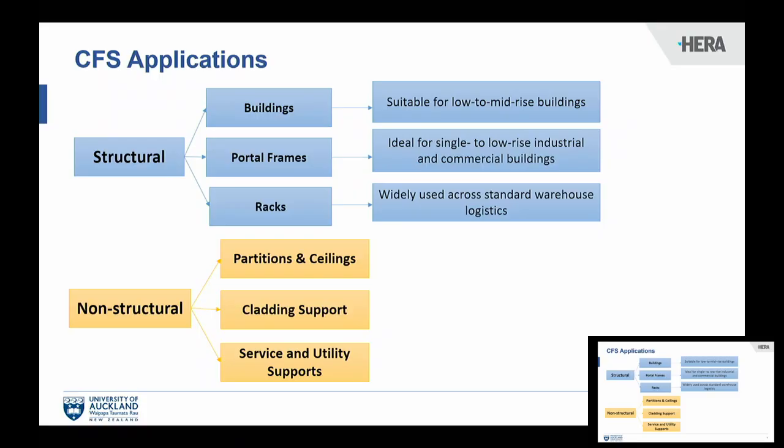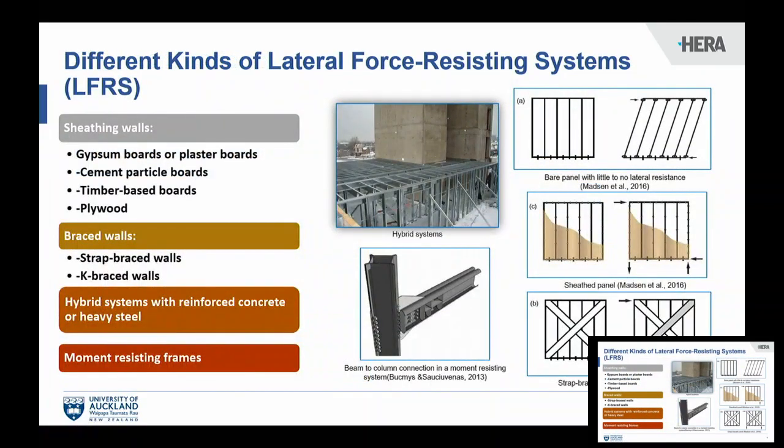They are also necessary for rack systems, for logistics and storage facilities, when a high strength to weight ratio is necessary. On the non-structural side, they are quite common in partitions and ceilings, cladding support, and service and utility supports, for example, for piping trays and electrical pipes.